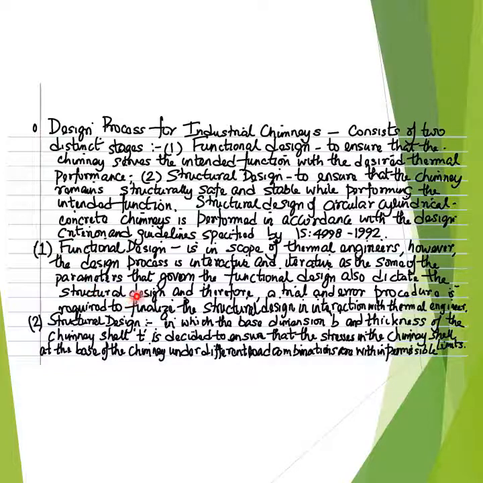However, the design process in entirety is interactive and iterative, as some of the parameters that govern the functional design also influence the structural design, and therefore in practice a trial and error design procedure is employed or required to finalize the functional design by the thermal engineers in interaction with the structural engineers who complete the structural design of the industrial chimneys.